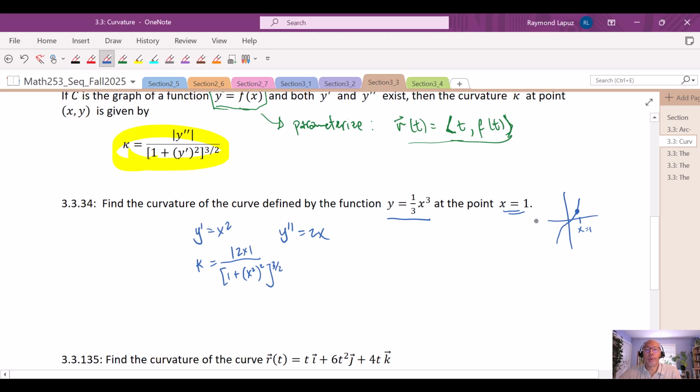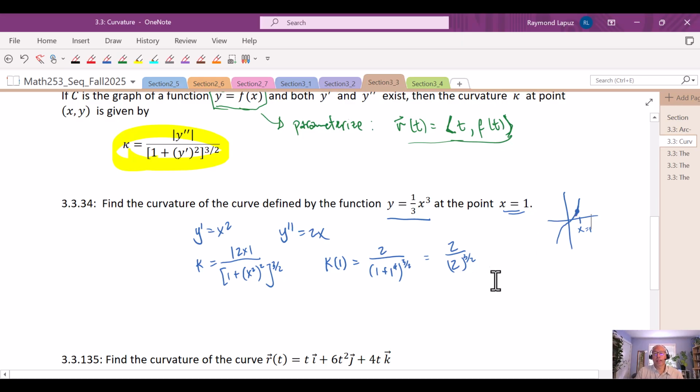Evaluating when x is equal to 1, kappa is 2 in the numerator, and 1 plus 1 squared to the 3/2 in the denominator. So this is 2 over 2 to the 3/2 power. We can simplify that, but let's just leave it like that. That's the curvature at this point.